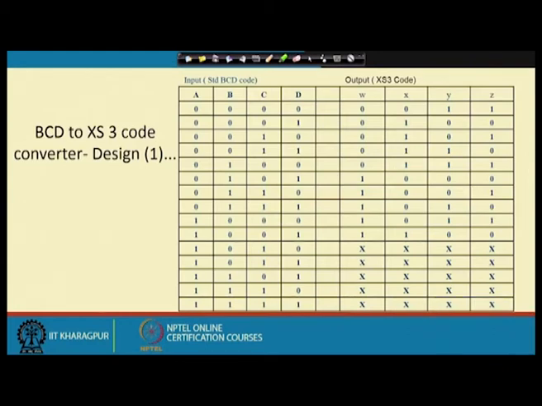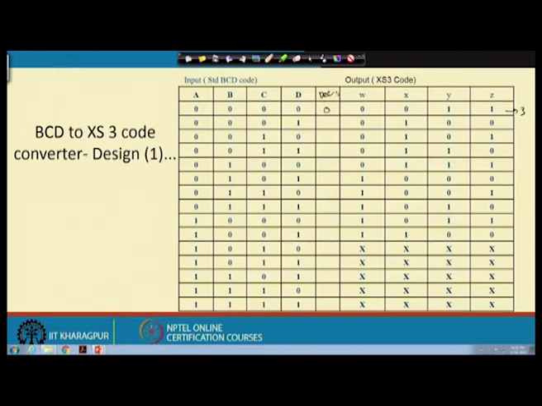If I look at this pattern, the value I am getting is 3 in binary representation. XS3 means from this I need to subtract 3. So, 3 minus 3 is 0, so the corresponding decimal value is 0.